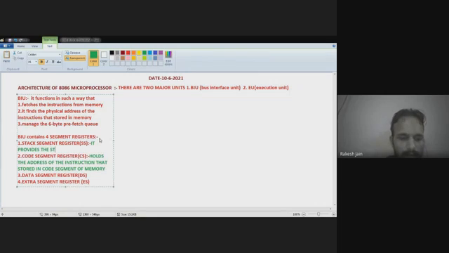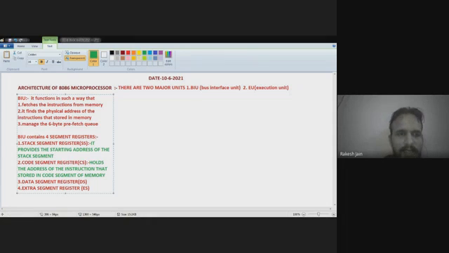This is the main function of the stack segment register, abbreviated SS.